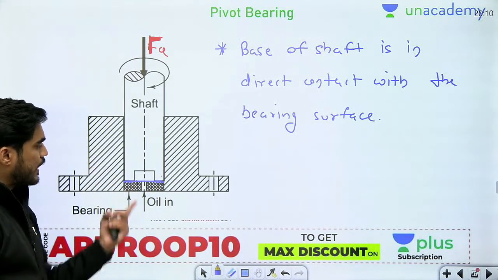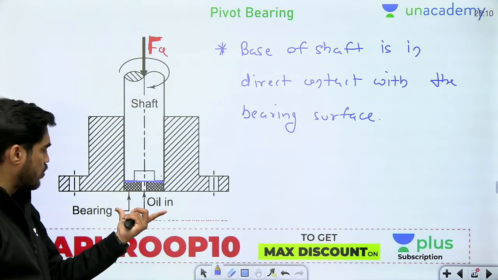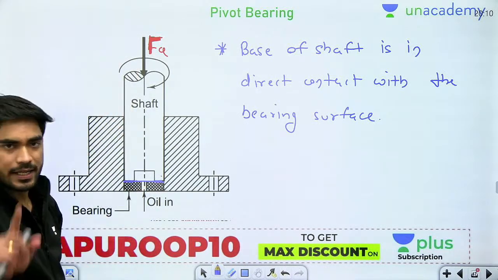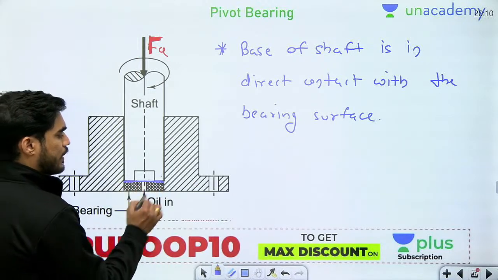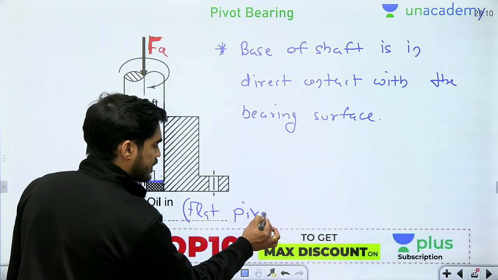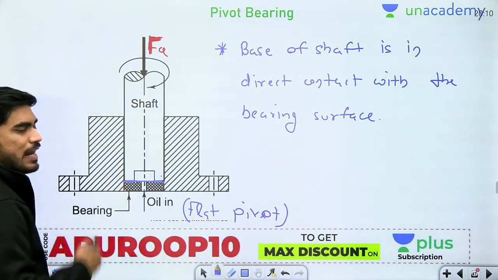Okay, and lubricant is flowing from this direction. You can see this is the bearing surface. So this is known as pivot bearing. Now understand, this particular bearing is flat pivot bearing. Why? Because the end of the shaft is flat.